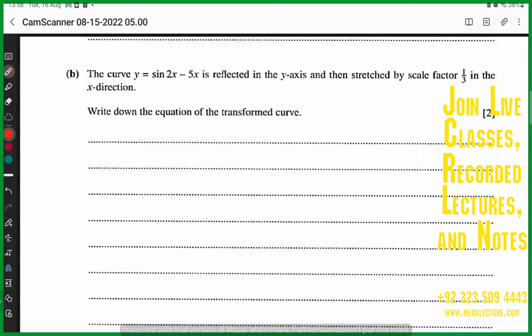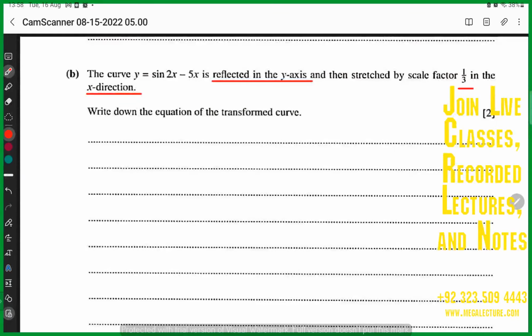It says the curve y equals sine 2x minus 5x is reflected in the y-axis. So it is about transformation, and then stretched by a scale factor of 1/3 in the x direction.